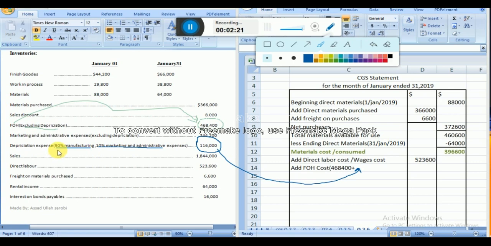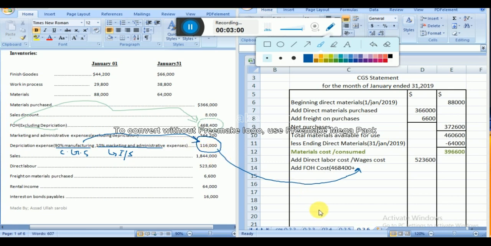So this 90% manufacturing belongs to the CGS statement. And this 10% belongs to what? This belongs to the income statement. This is a part of the income statement. Why? Marketing and admin expenses is not part of the cost of goods sold. So we only need to calculate the 90% of 1,16,000.